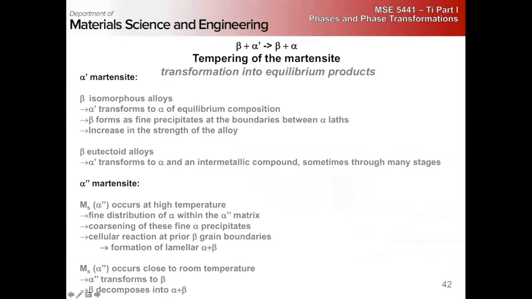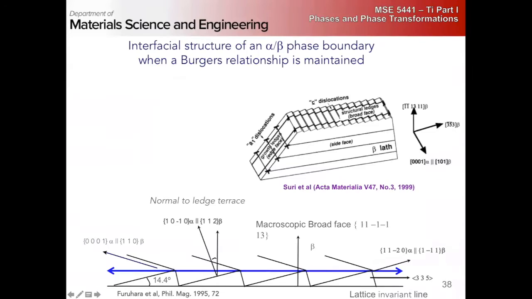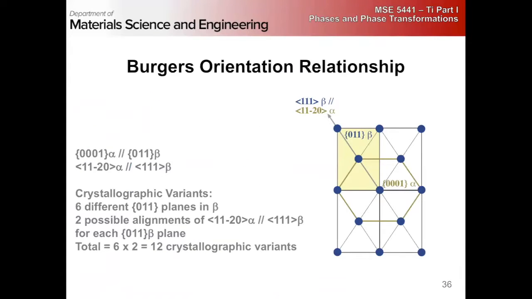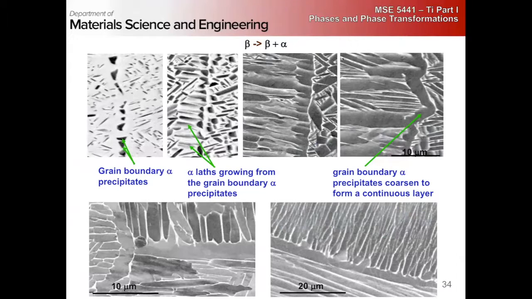Okay, so on Friday we talked about the different transformation reactions, and we were able to go through a lot of them very quickly because it was all very analogous to what we talked about in steels, right? So the beta to beta plus alpha, right?